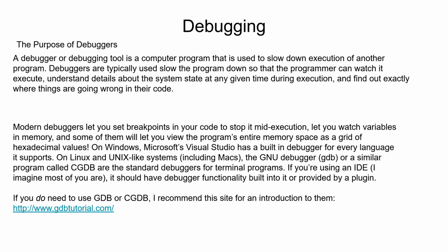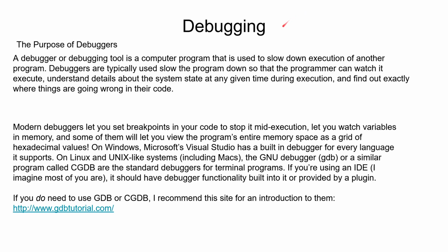These will all let you see the source code of your program as it's running, set breakpoints in the middle of your code, let you speed through the code you don't care about, watch variables in memory, among so many other things. Getting into the details of specifically how to use these tools is a bit outside of the scope of this because each of them operates a bit differently.